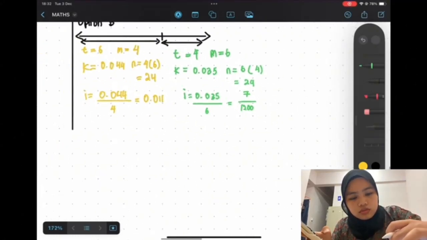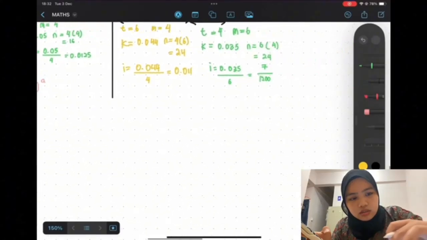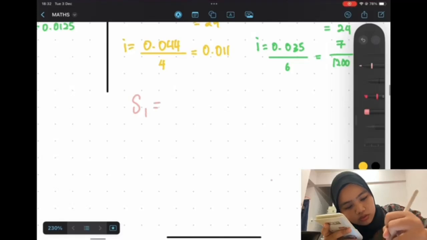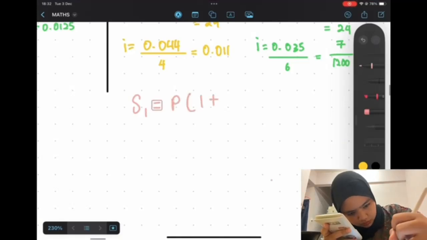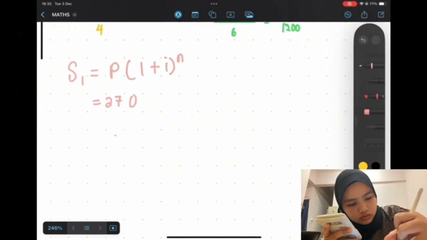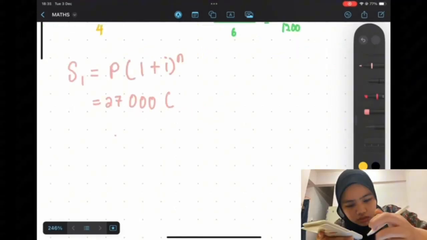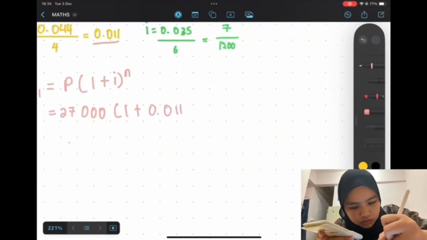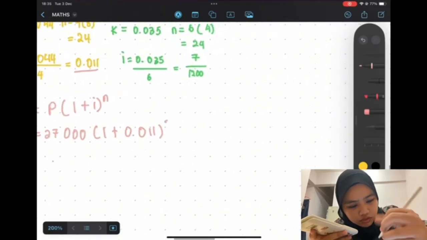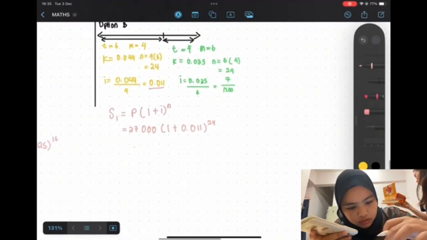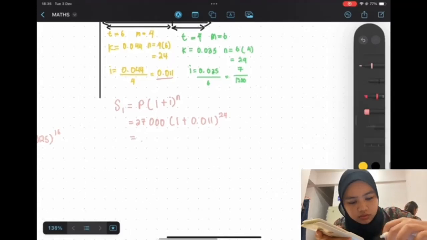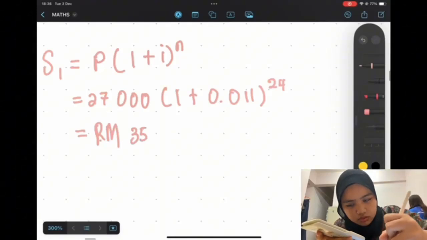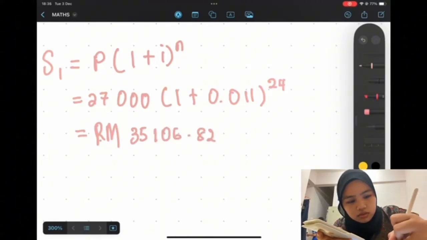That is 7 over 1200. So same formula as option A. I'm going to use the same formula, S1 equals P times (1 plus I), this 0.011, to the power of 24, which equals 35106.82.